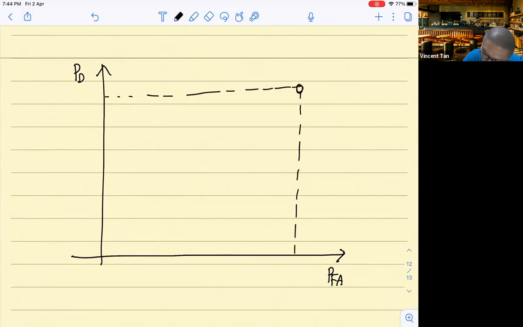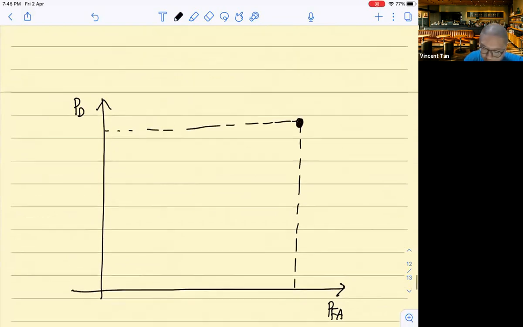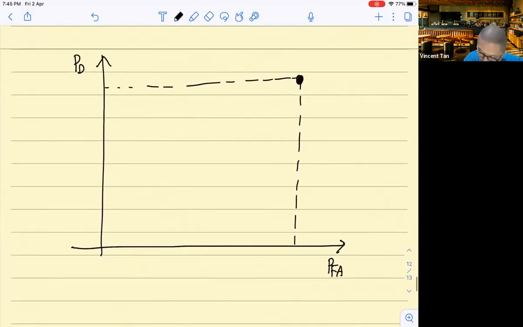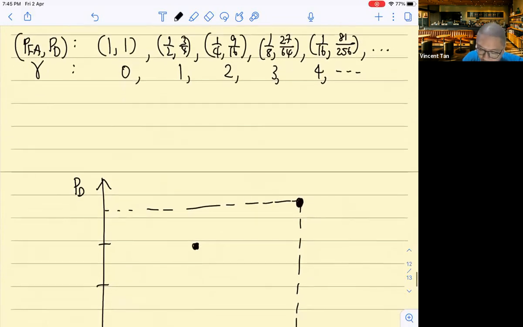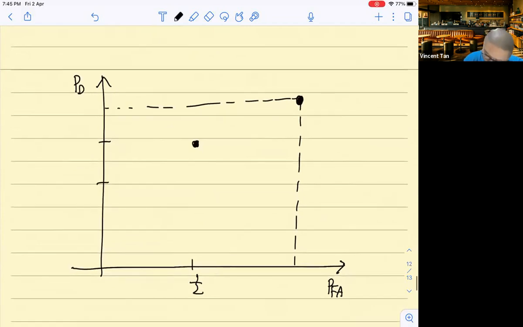The next point is 1/2, 3/4. This is 1/2, and 3/4 here, maybe here. The next point is 1/4, 9/16. This is 1/4 here. What is 9/16? This half, this is 3/4.